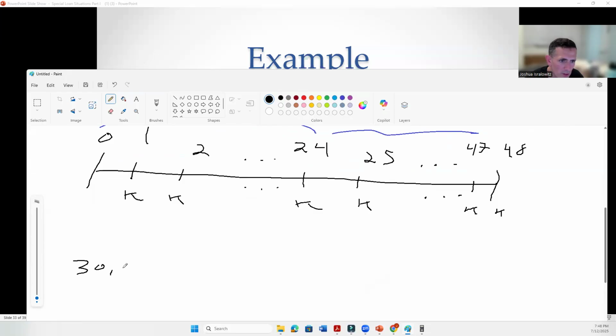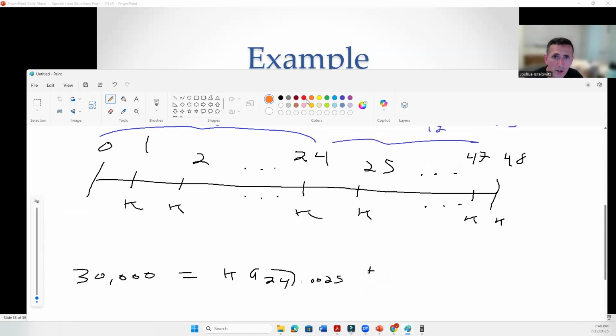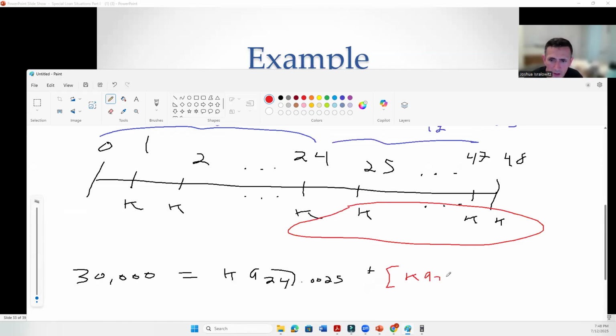So the loan amount is 30,000. It's going to be the present value of my first 24 payments at 0.0025, and then it's the present value of your next loan payments at 0.5%, 0.005.